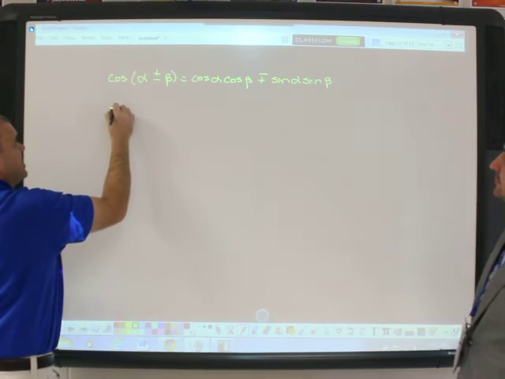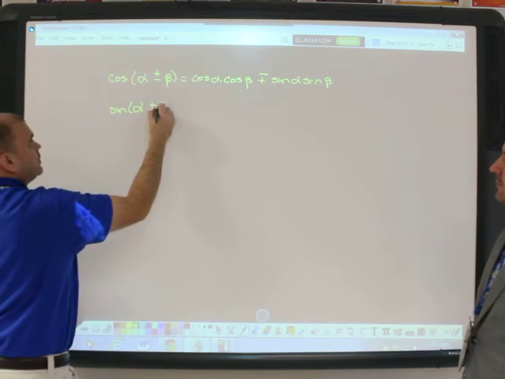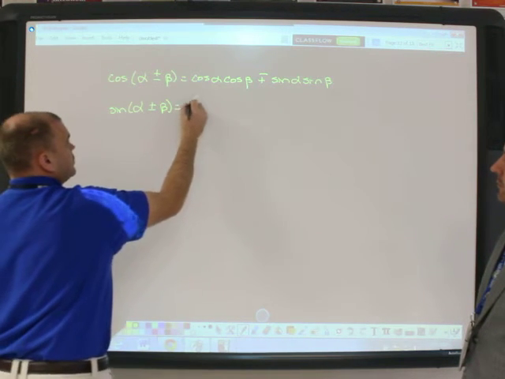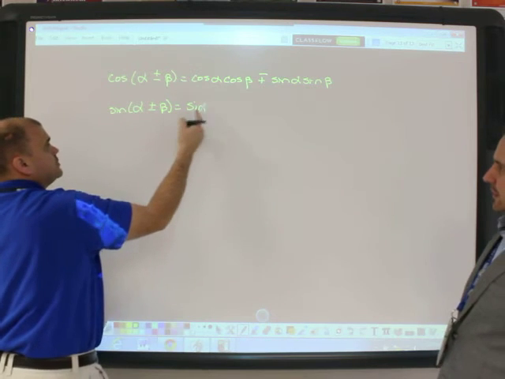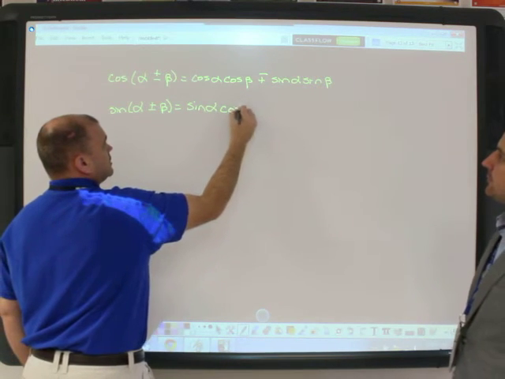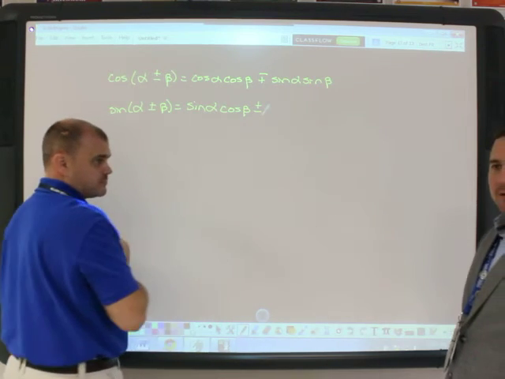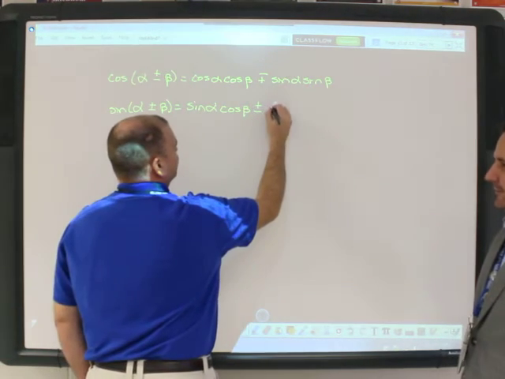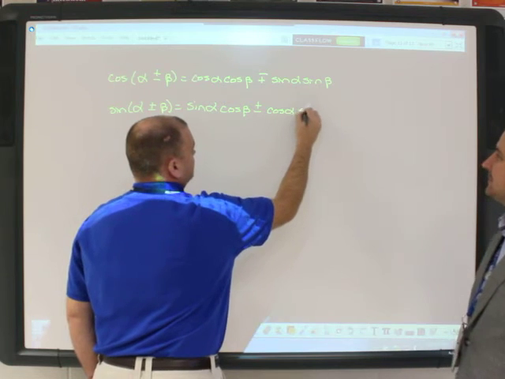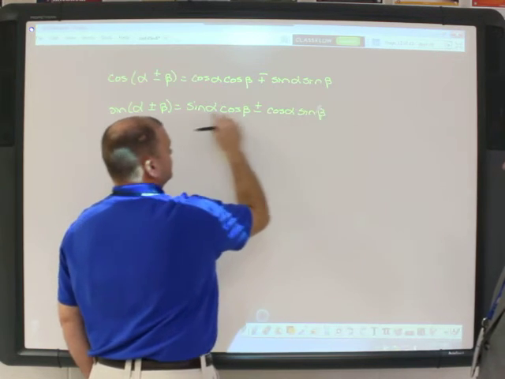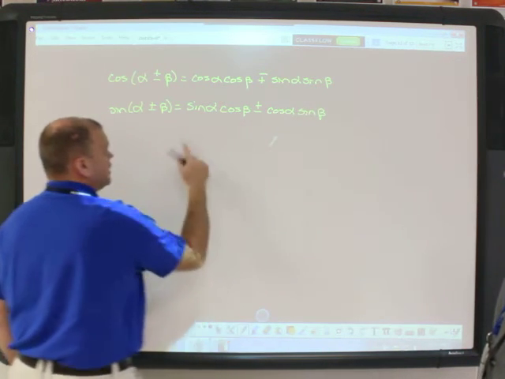And then the sine of alpha plus minus beta is going to be, remember, sine starts with sine, sine cosine, but plus minus we still. The sines are the same. Same signs. Cosine alpha, sine beta. So sine, cosine, cosine, sine, alpha, beta.